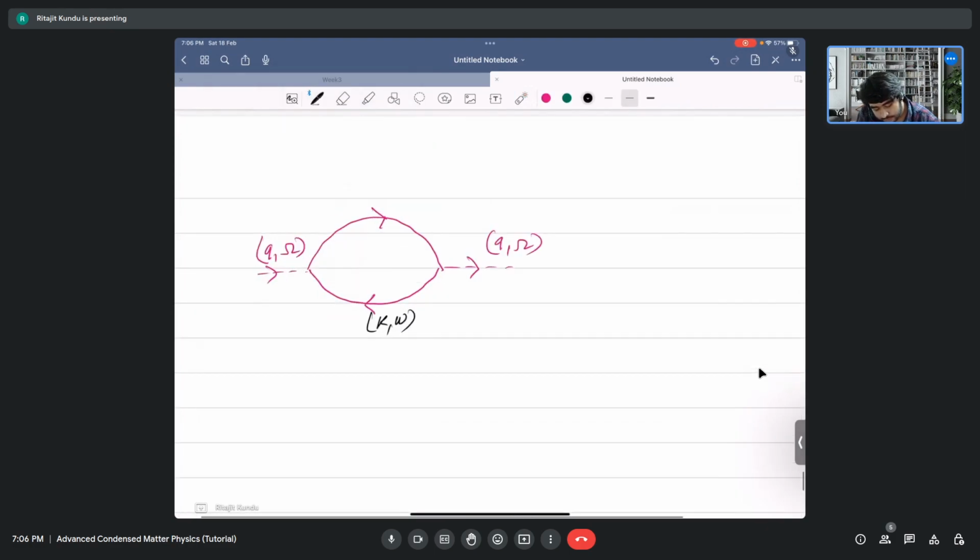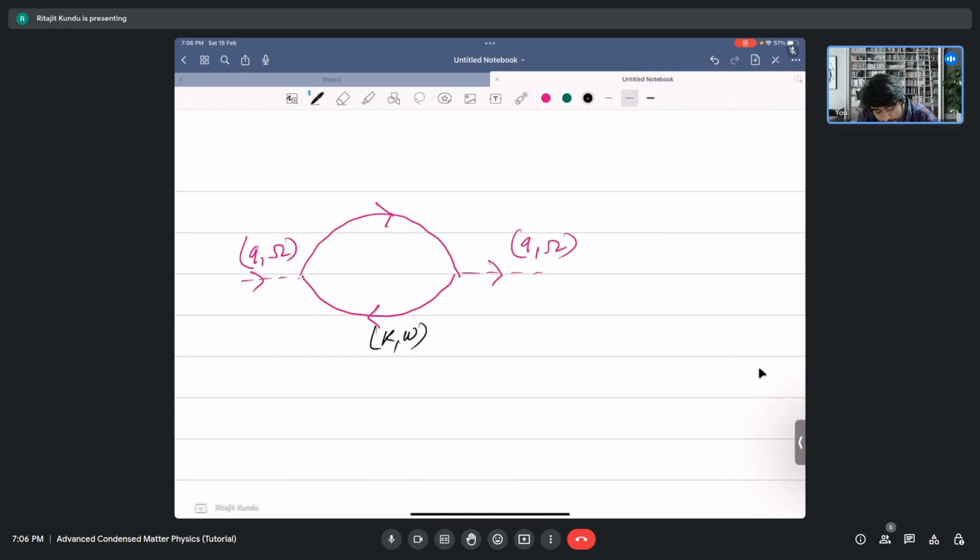So this vertex has to have k plus q and omega plus capital omega. What I'm trying to do here is, this is k omega, and in this vertex we are taking input of q comma omega. So if you want to conserve momentum and frequency, you have to do k plus q and omega plus capital omega for the other line.